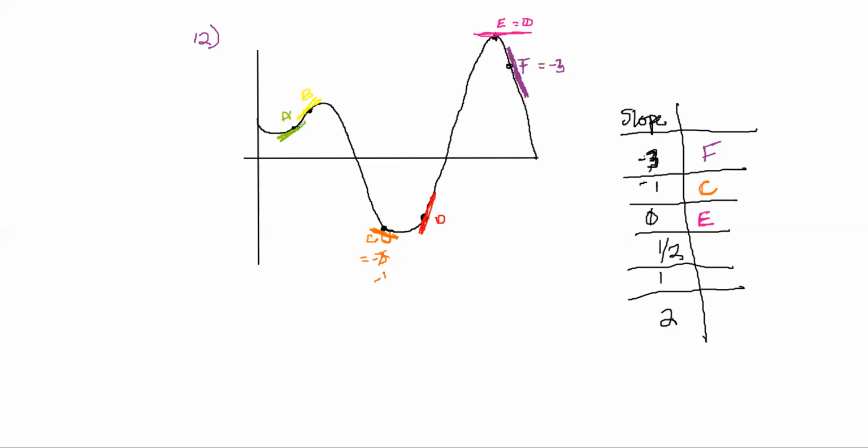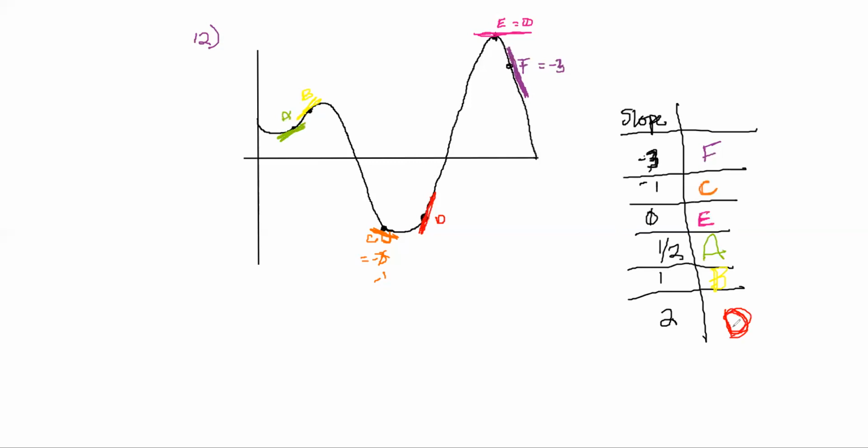And I would say that A is less steep than B. So I would say all of that's good. So here we have A, here we have B, and finally we have D. Okay.